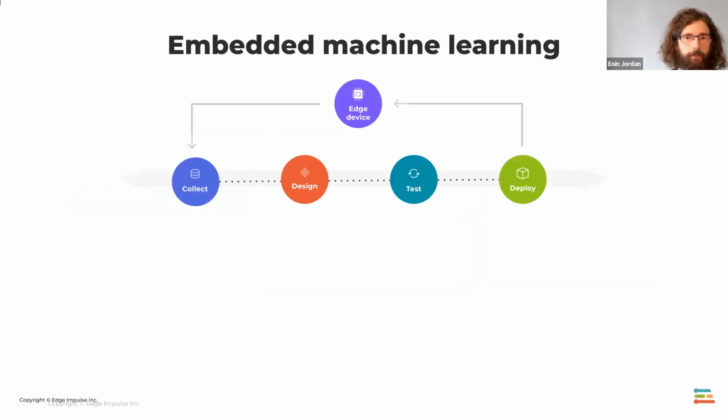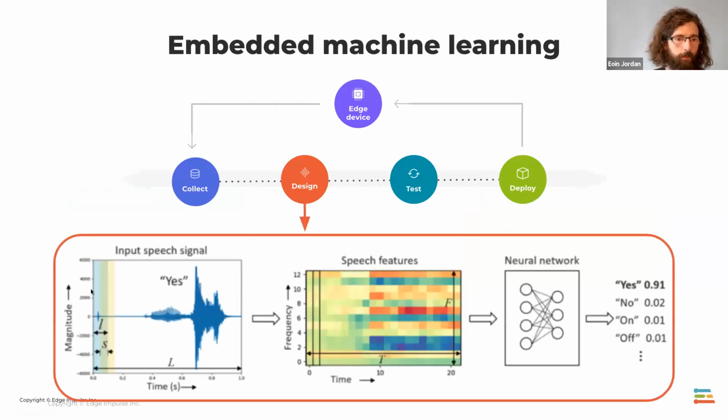So if you want to build your own tool set to do embedded machine learning, you need to think about your edge device, collect your data from it, design your model, test your model, and deploy it. We also add processing features, where we can apply digital signal processing to extract features from your input signal.